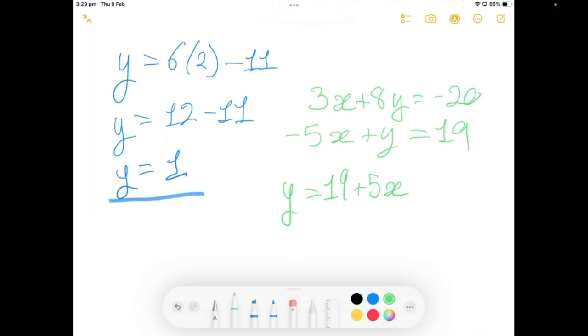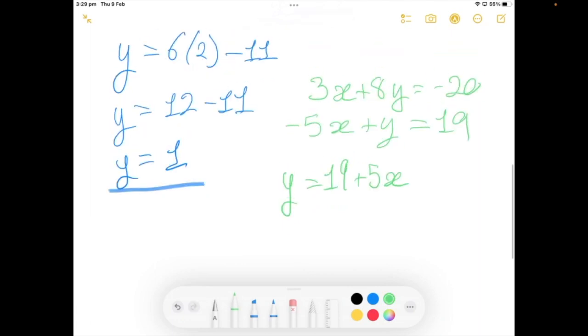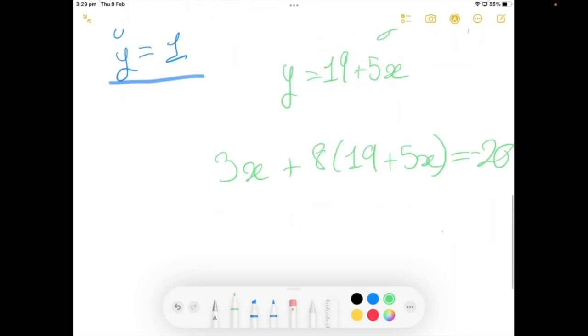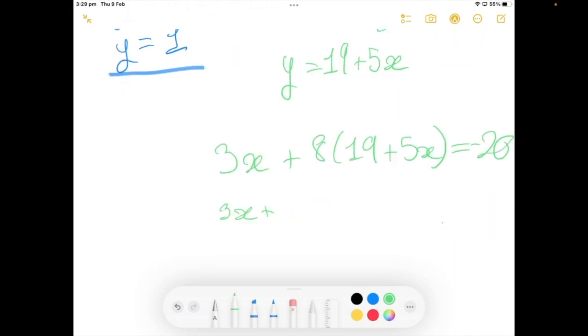Cancellation, you guys should know this by now. Then you substitute it into this one. 8 times 19, I don't know what that is. 152. And 8 times 5 is 40x minus 20.